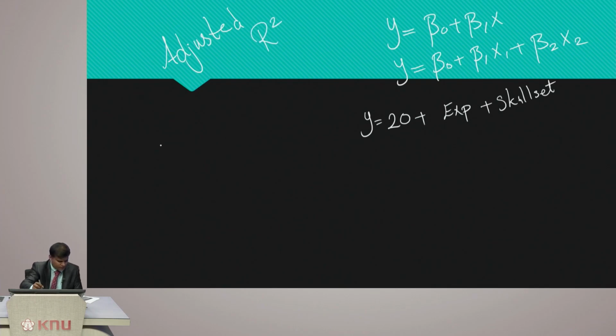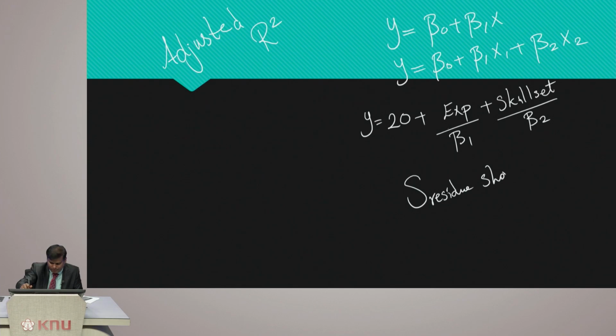So here we have beta 1, beta 2. So anyway, the main objective here again is that the sum of residuals should be minimum.